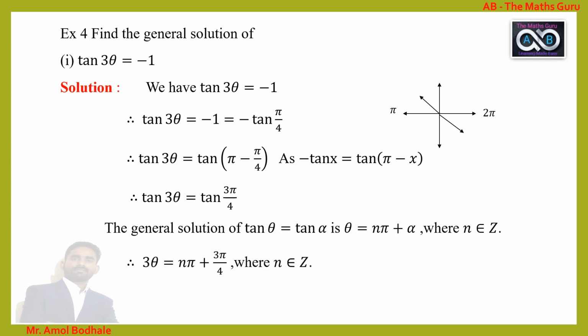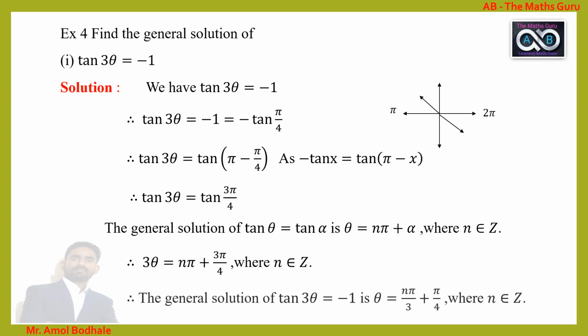So we can write 3 theta equal to n pi plus 3 pi by 4, where n belongs to Z. Therefore the general solution of tan 3 theta equal to -1 is theta equal to n pi by 3 plus pi by 4.